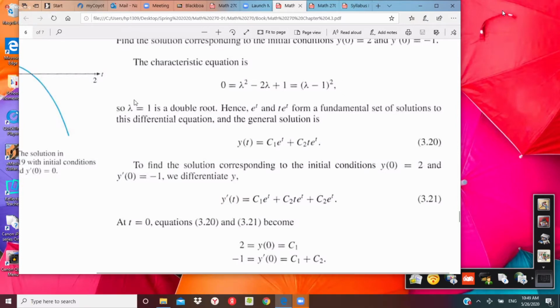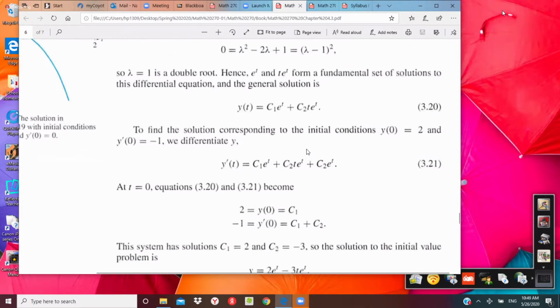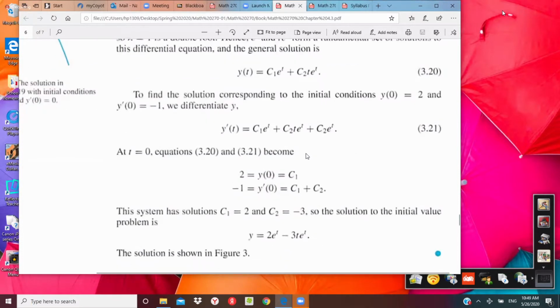All right, and here's the general solution. According to what we wrote earlier, this is the general solution, and this is the derivative of the general solution. So when you substitute t equals 0 into that general solution and into the derivative, you have y of 0 equals 2 and y prime of 0 equals -1.